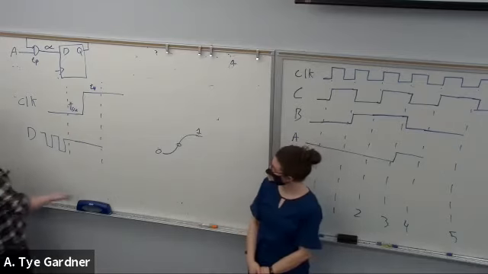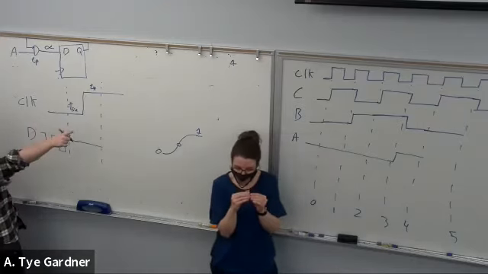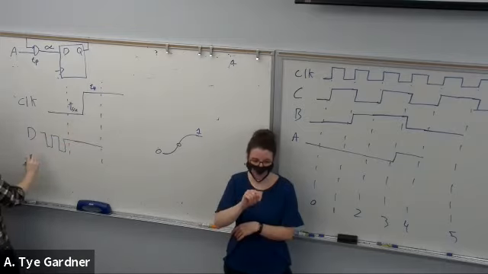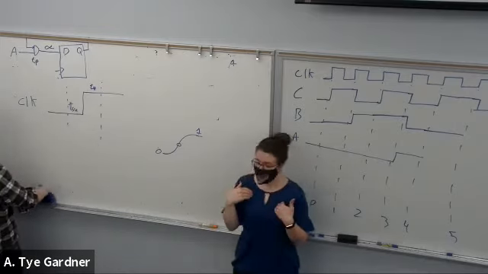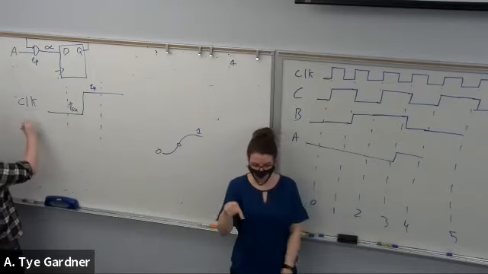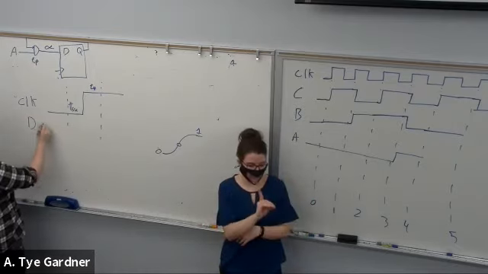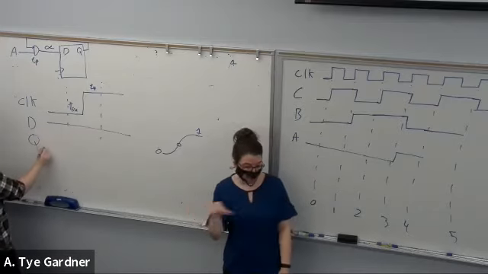All right, there is one more, which I implemented over here at the A, B, and C, where it is clock to Q. So let's say that D is a 1 and Q was a 0.